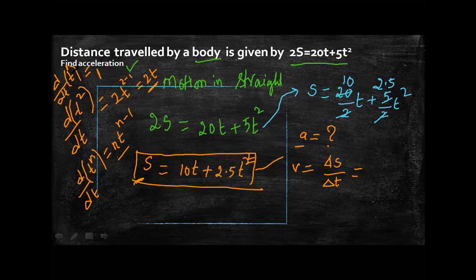When I keep any constant here, 0. Why is the derivative of any constant 0? When you do the derivative of any physical quantity, it means changing with respect to time t. So does a constant change with time?